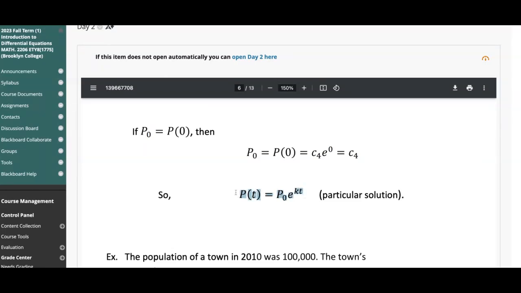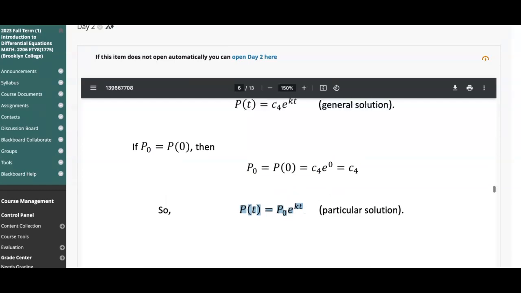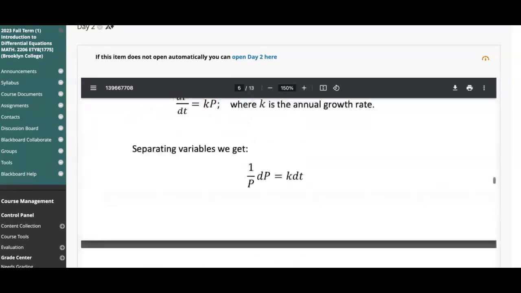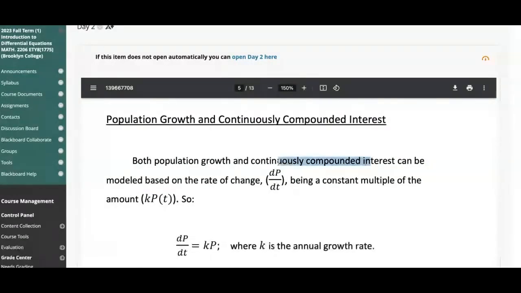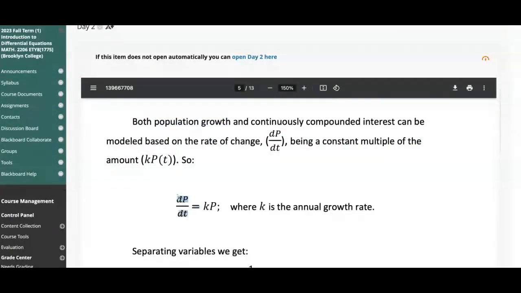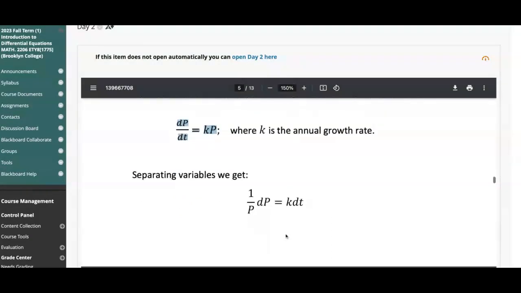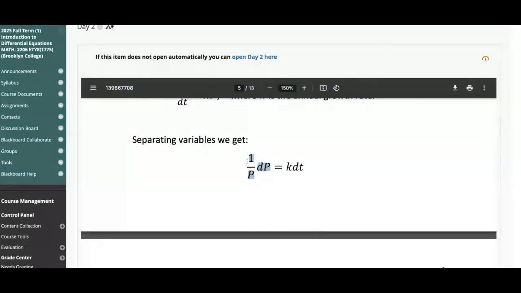This formula is familiar, right? Okay, anyone has any questions? So for compound continuous interest or population growth, we have dp over dt equals kp, or 1 over p dp equals k dt.